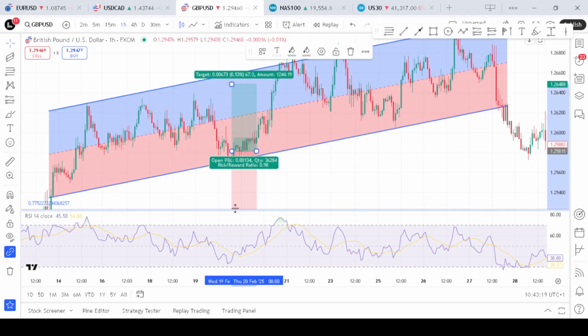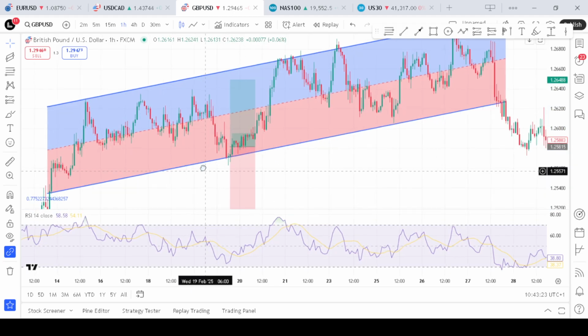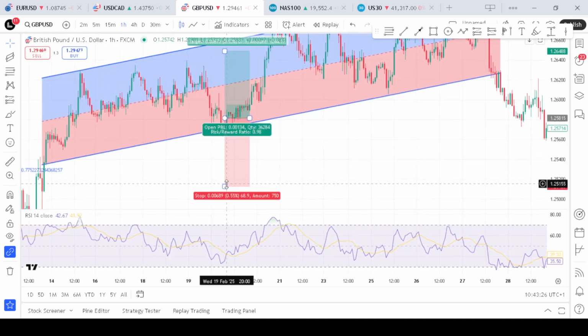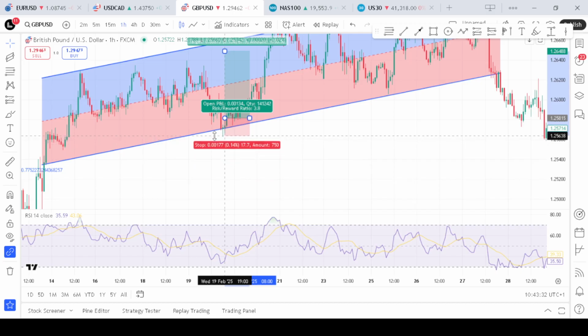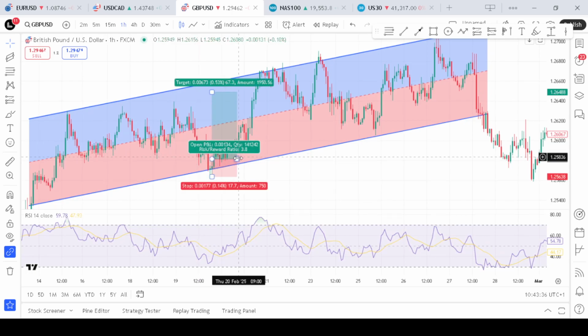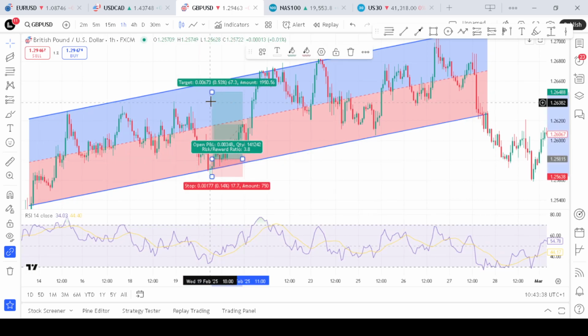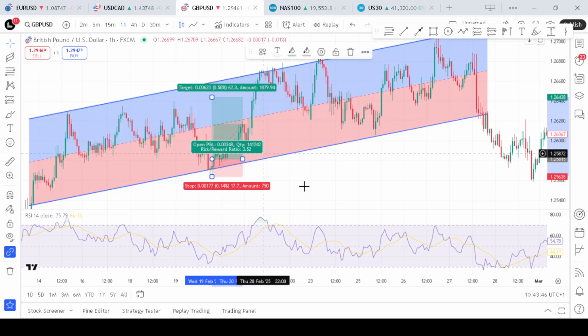Then don't forget to put your stop loss. Your stop loss must be placed just below the lower boundary of the linear regression channel. Then you can ride the trend to the center of your linear line, or we can aim for 1:2 or 1:3 as the case may be.